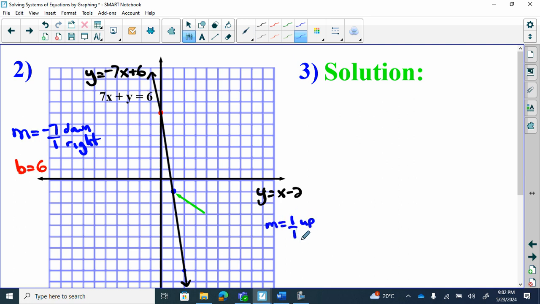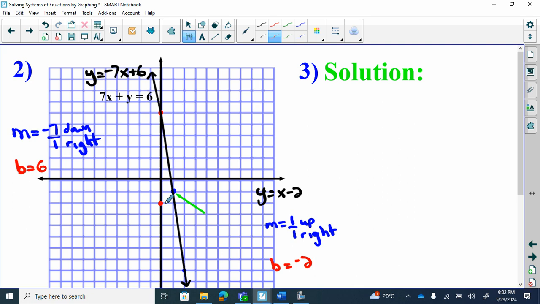That meant go up 1 and right 1. And it had a y-intercept, a b value of -2. So I start by placing this on the y-axis. Where would a -2 be, or 0, -2? That means don't go left or right, go down 1, 2.